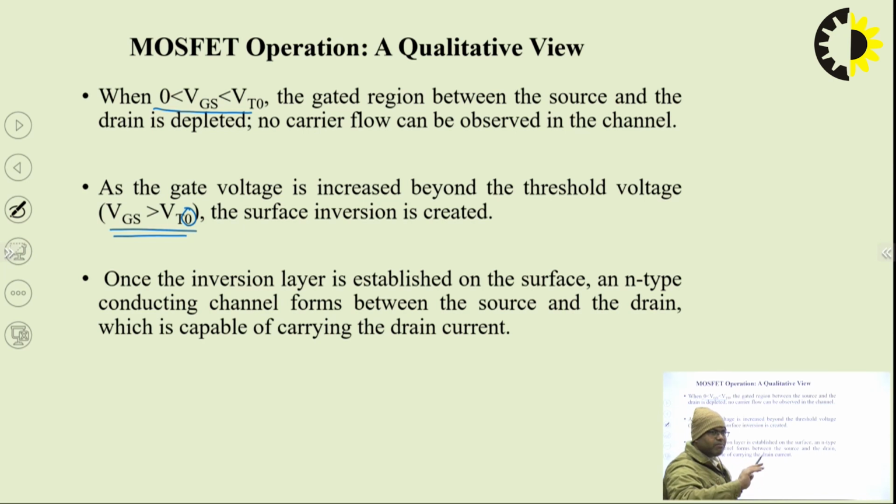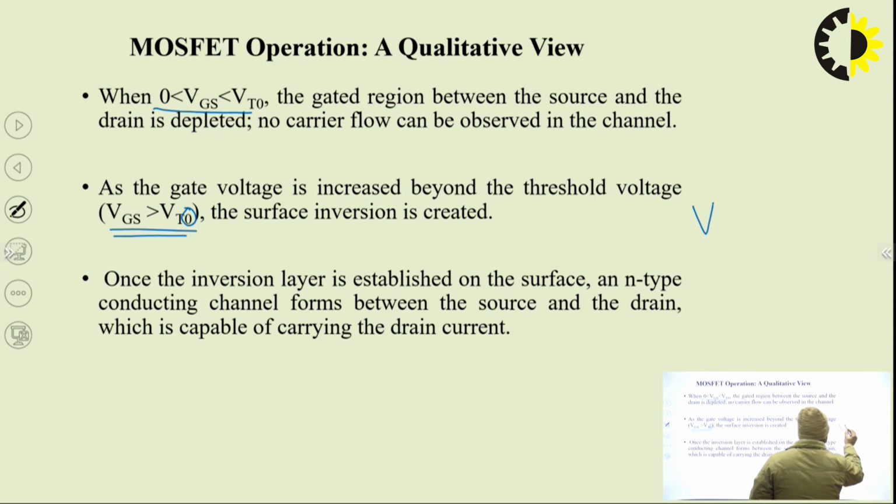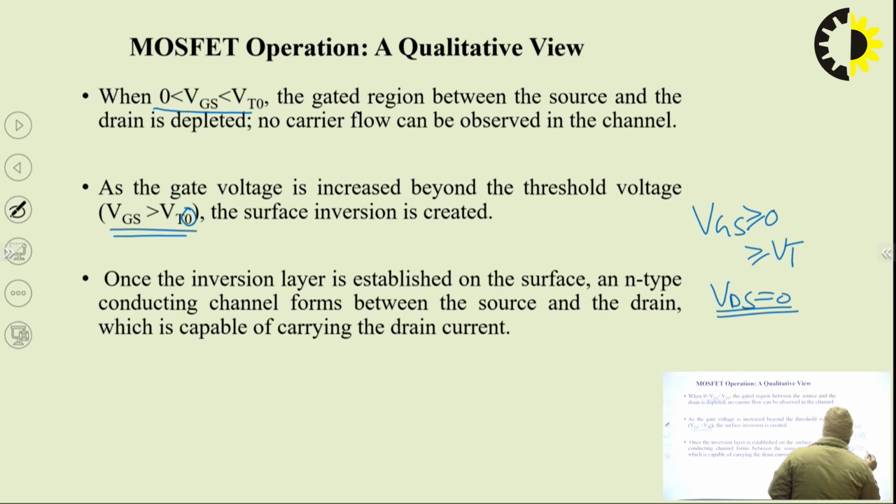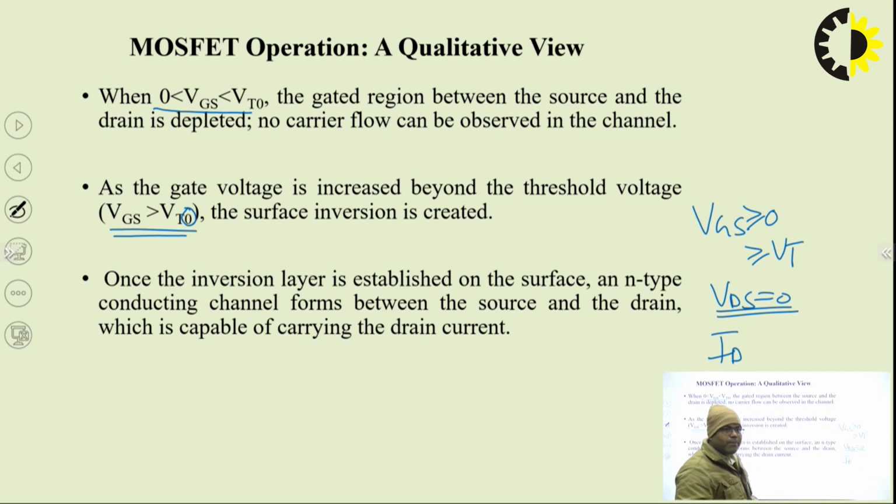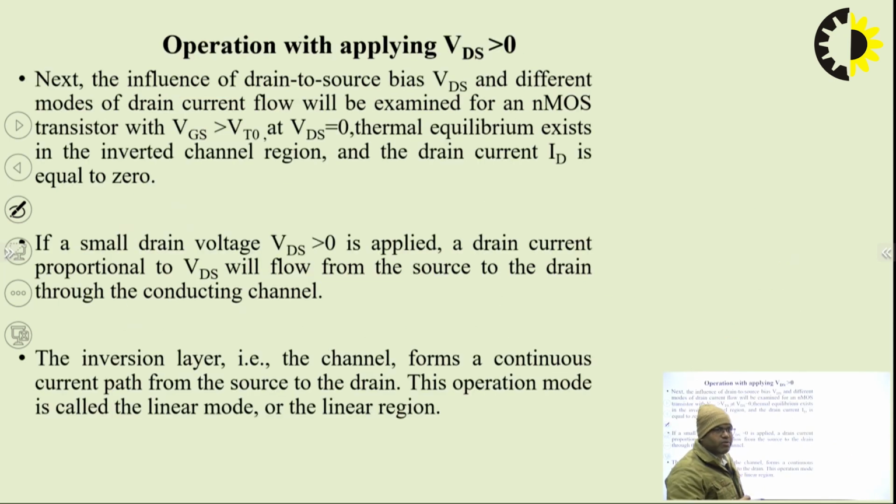Channel is created means current conduction can be made, but with VGS greater than or equal to VT and VDS equal to 0, current conduction is not possible, because we have to create some potential difference between the drain and source terminals. Without applying VDS, current conduction is not possible.